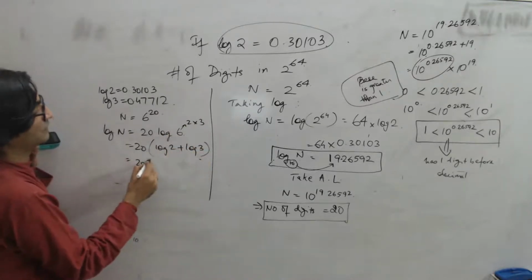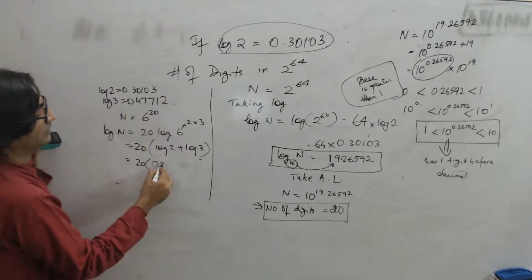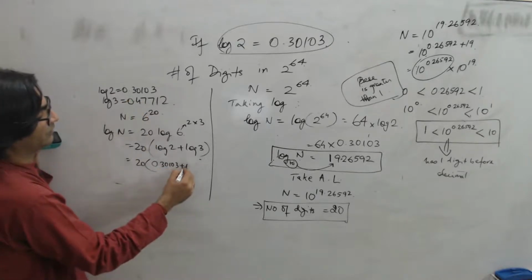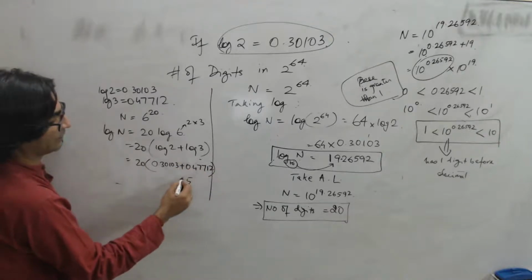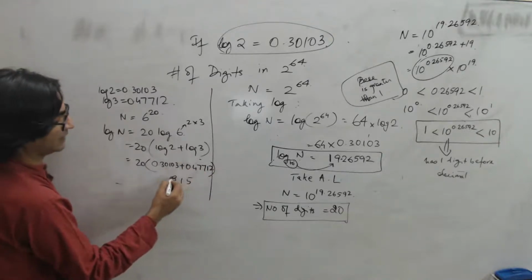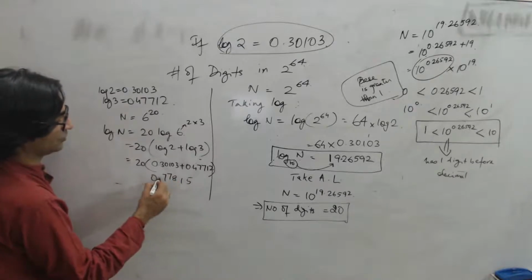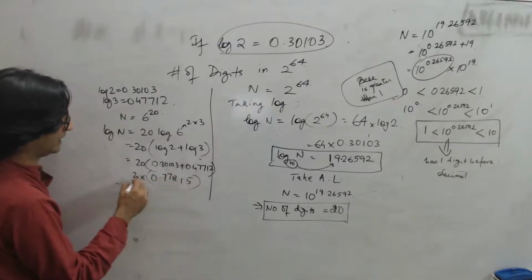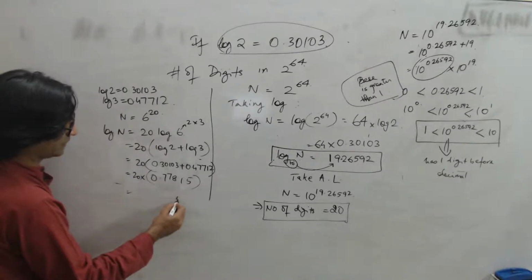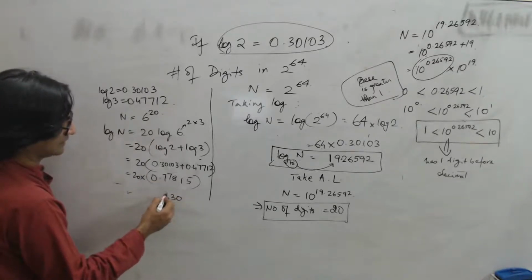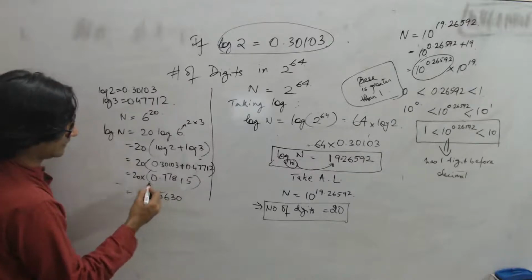Substituting values: 0.30103 plus 0.47712. Adding, we get 0.77815, into 20. So the decimal moves one place and then you multiply: 2 5s are 10, 2 7s are 14, and so on.